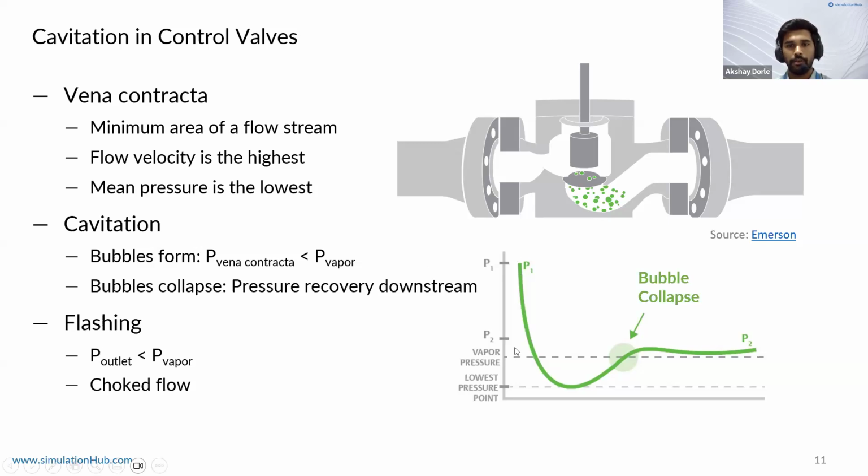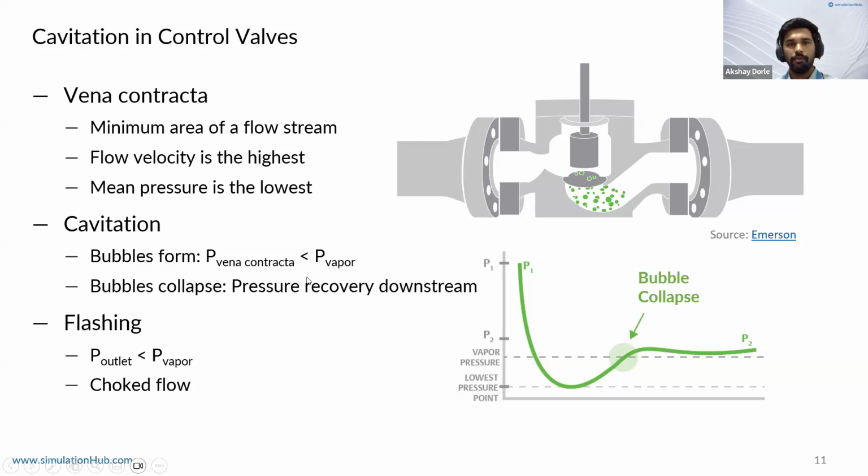So if you see the curve here, at this point of the flow, the pressure starts reducing. It crosses the vapor pressure. Then, as the flow carries those bubbles ahead, as the pressure recovers, the bubbles implode or collapse in a violent implosion, and the pressure recovers.